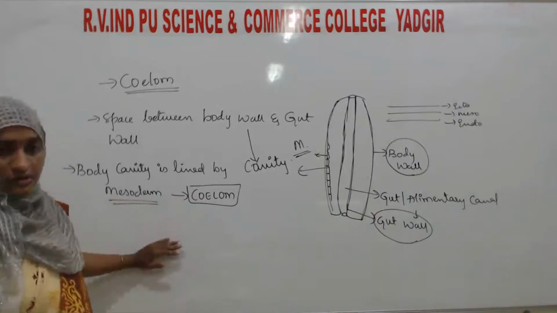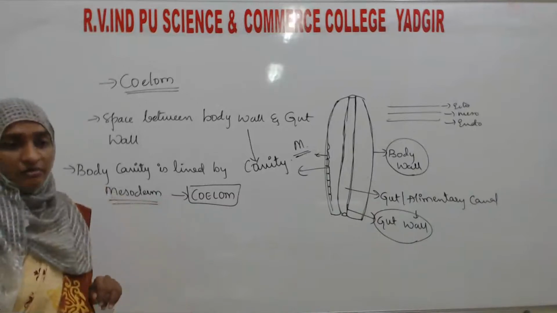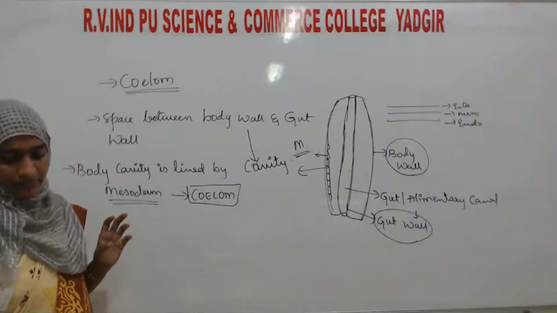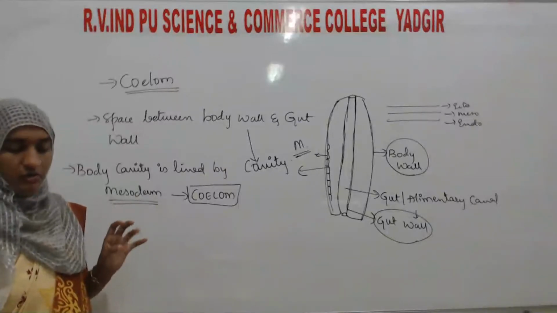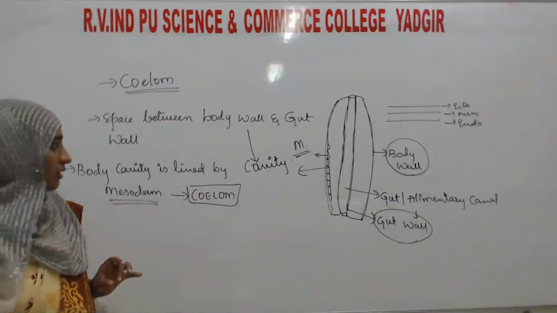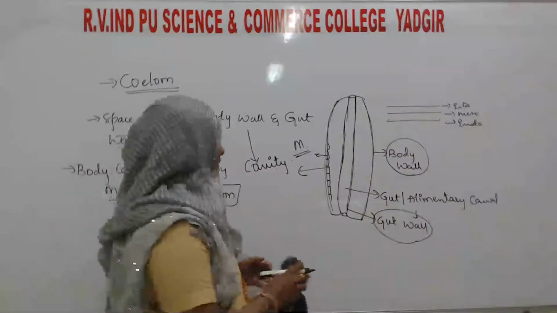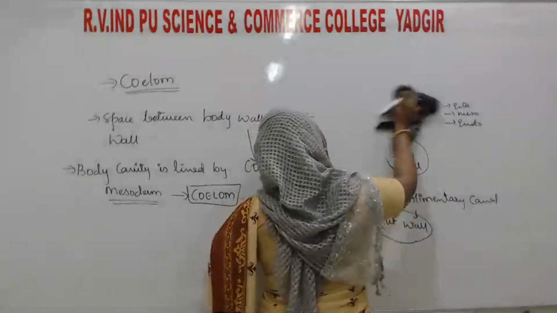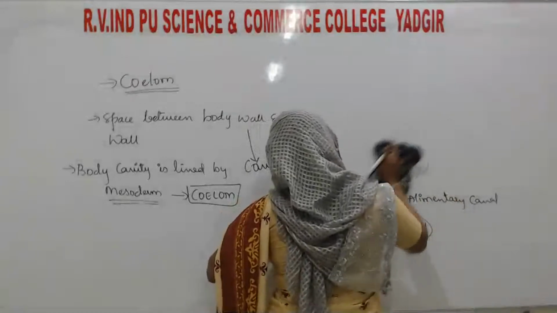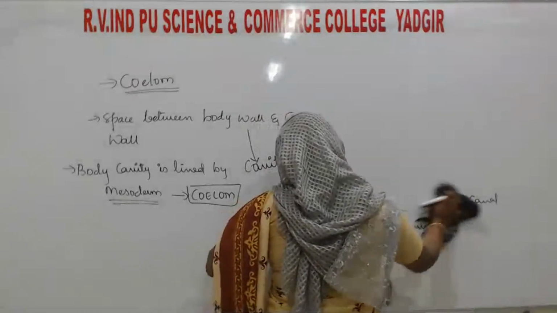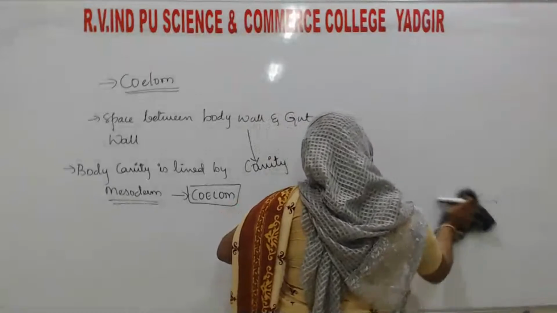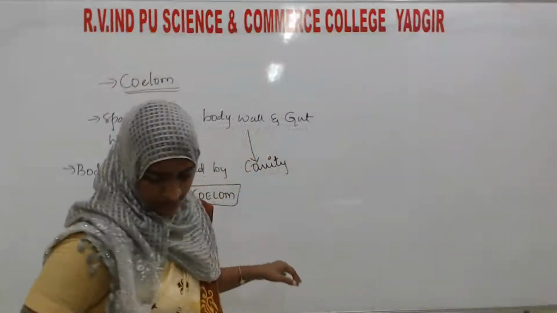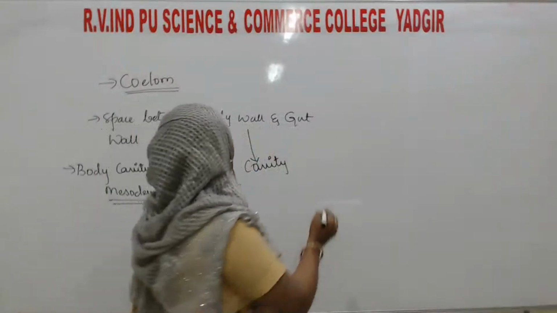On the basis of coelom, there are 3 types of animals: acoelomates, coelomates, and pseudocoelomates. How many types are there? 3 types are there. Let's see about those 3 types. First is coelomates.